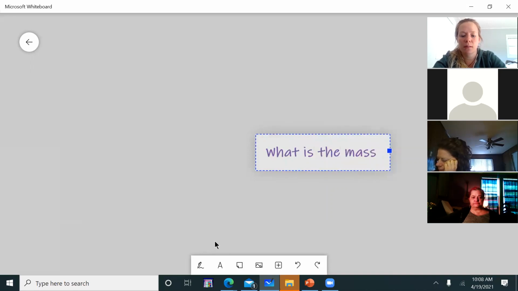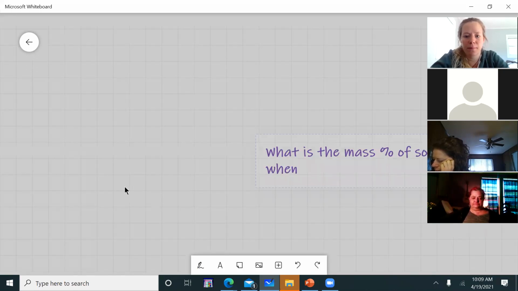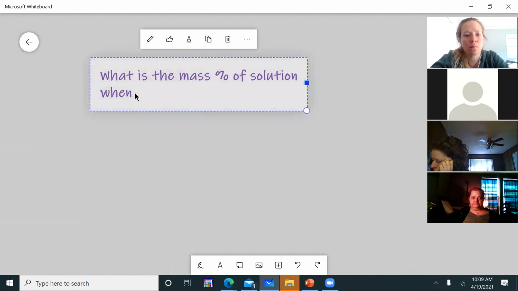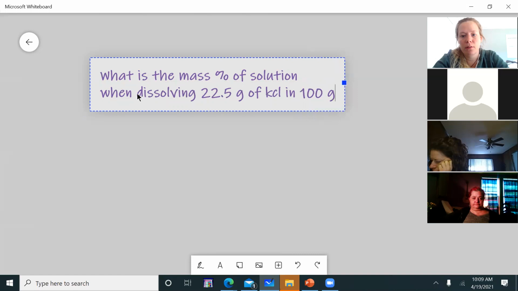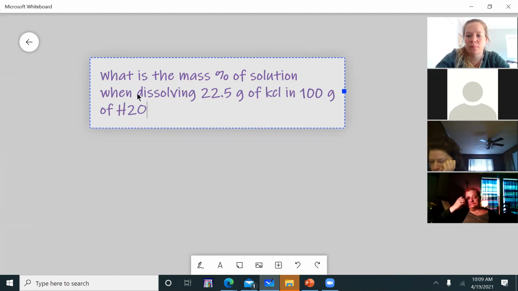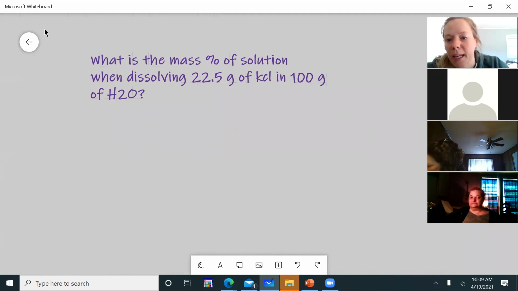What is the mass percent of the solution when you have 22.5 grams of KCl in 100 grams of H2O? I'll give you all 2 minutes for it. Not super complicated.